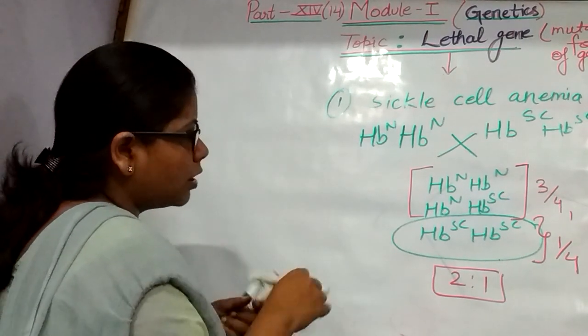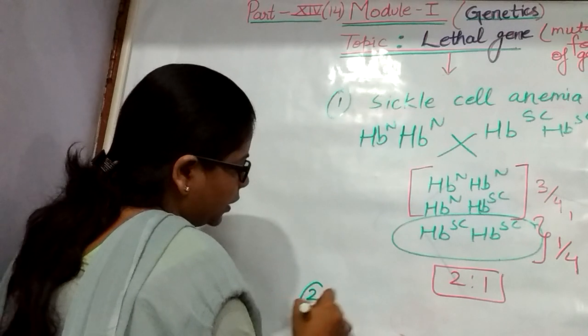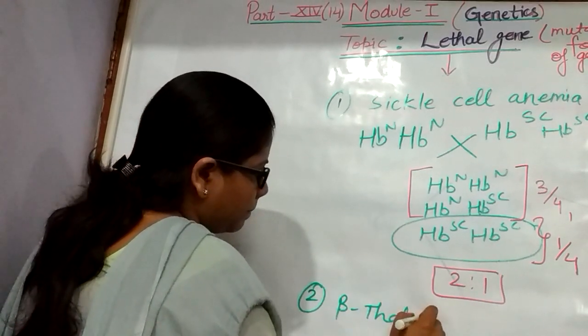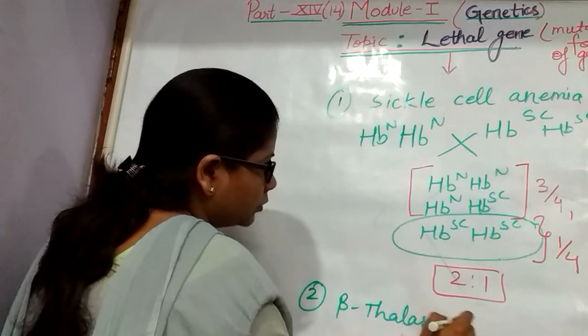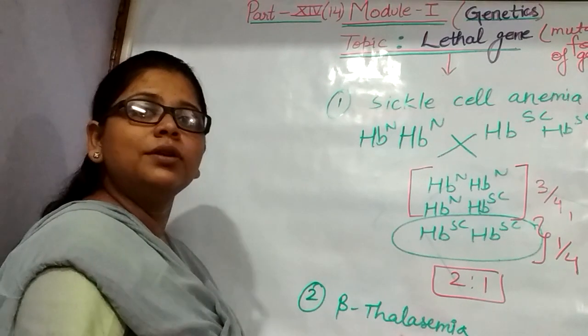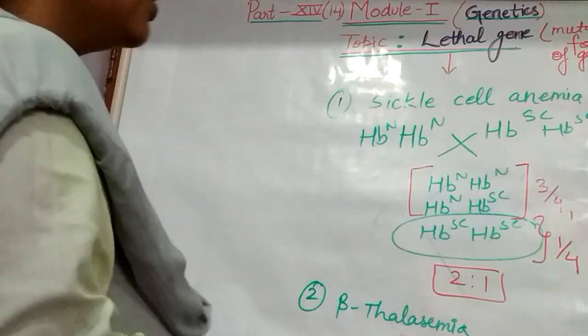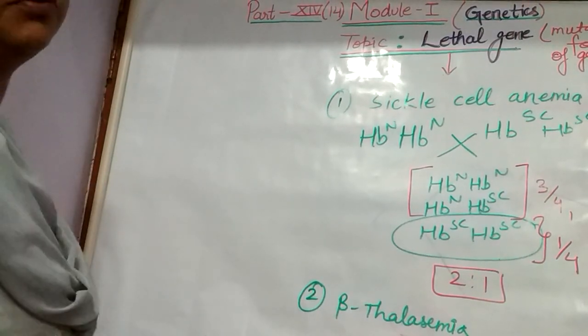Second example is about thalassemia, or you can say beta thalassemia. It is also recessive lethal, not dominant lethal. Why does it occur? Because it is caused by the frame shift mutation.